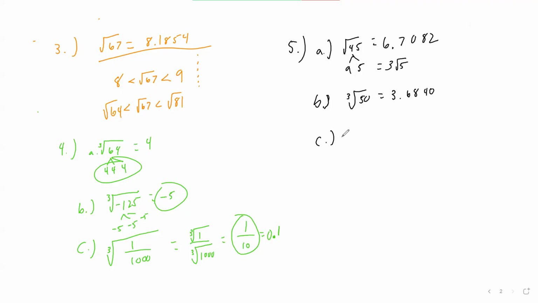And then last one for this section, try 5 times the square root of 30. So notice how big this 5 is versus these little 3s. This is going to be a big 5 times the square root of 30. Yeah, if you typed in square root of 30 first, you could multiply that by 5.